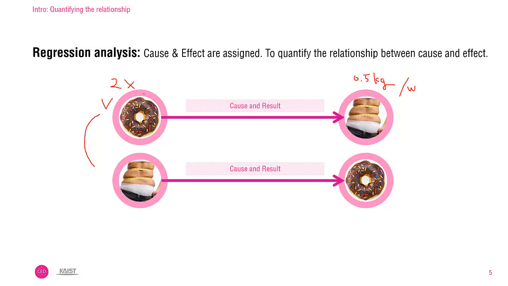Based on this record, you can quantify the relationship. For example, when you eat 4 donuts every day, then you can predict that you will gain 1 kilogram per week. Because we have one cause here, this is also called simple regression analysis.